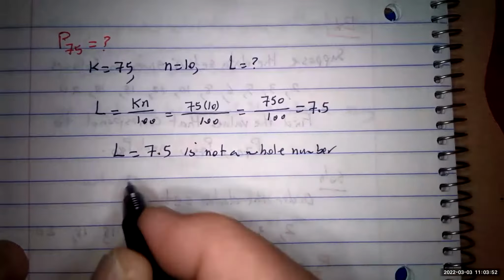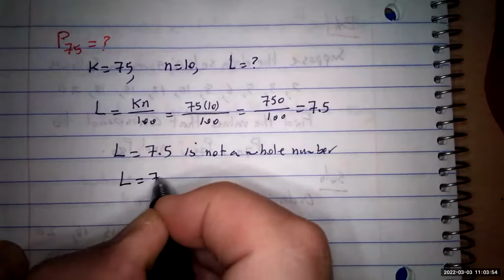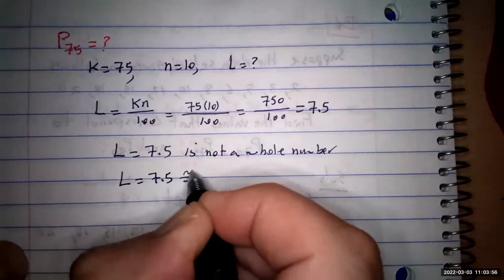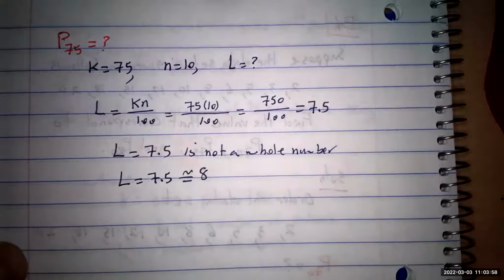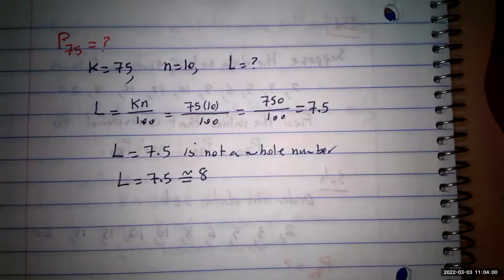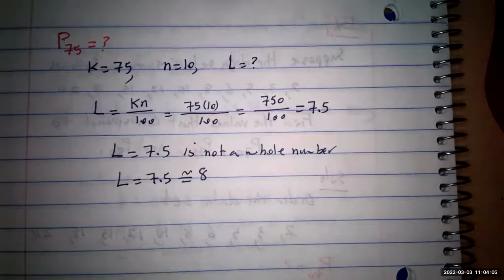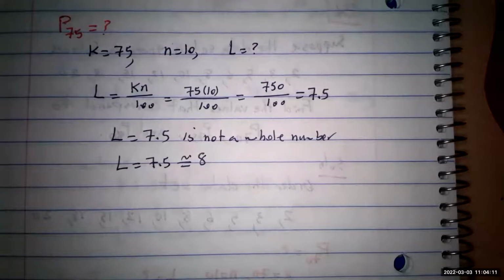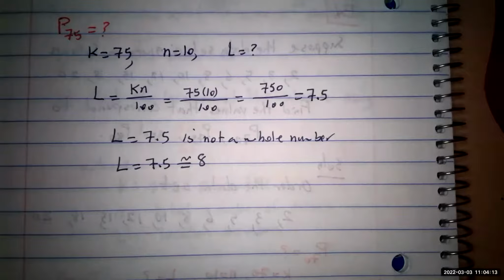So what you're going to do is round it up. This is 7.5, so it's going to be approximately 8. You go back to your list and check the number at the 8th position.